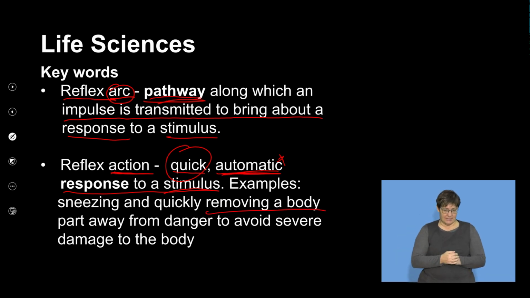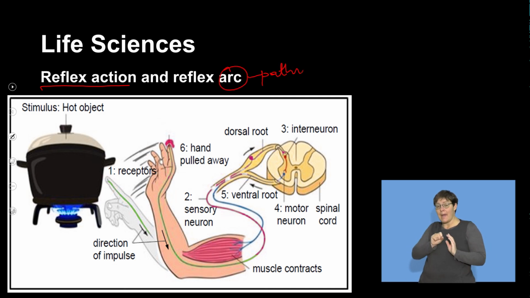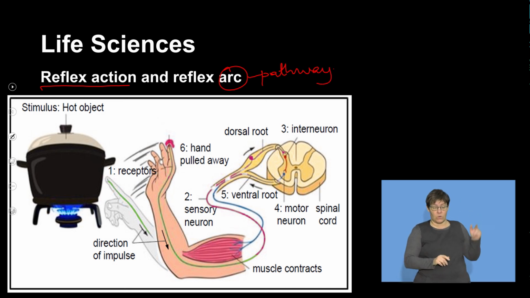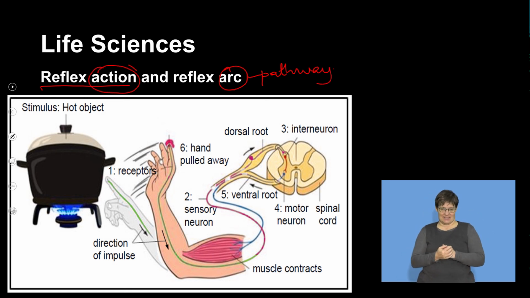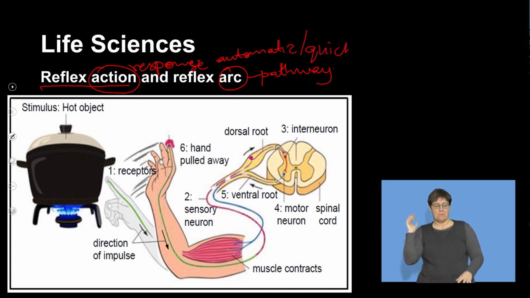The removing of your body part, I gave the example when you step on a pin. There comes the reflex action and the reflex arc. The pathway of the impulse, and the action, meaning the response that is automatic and very quick to avoid severe injury.